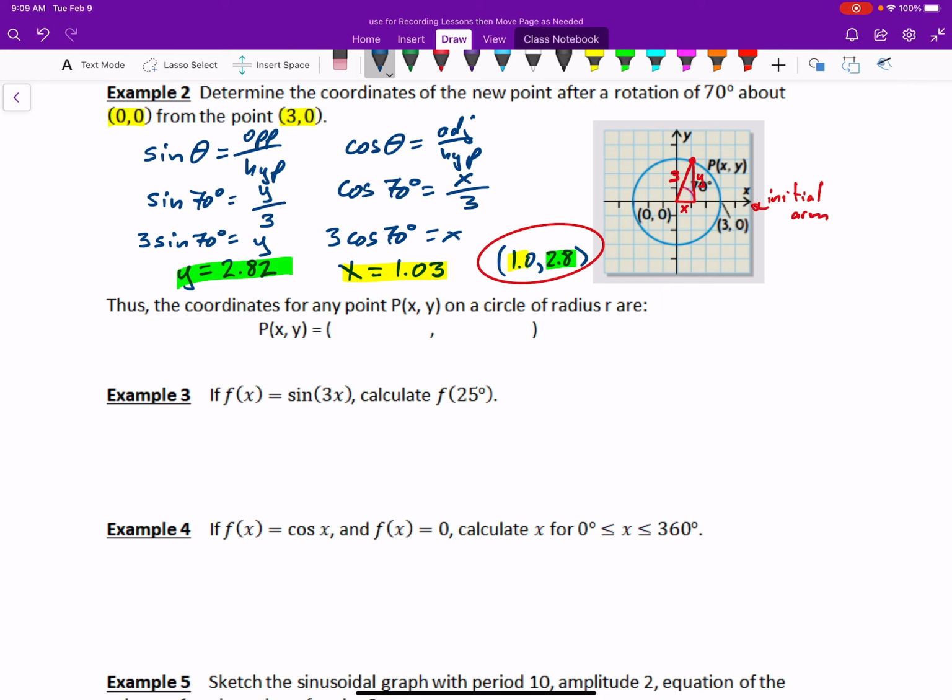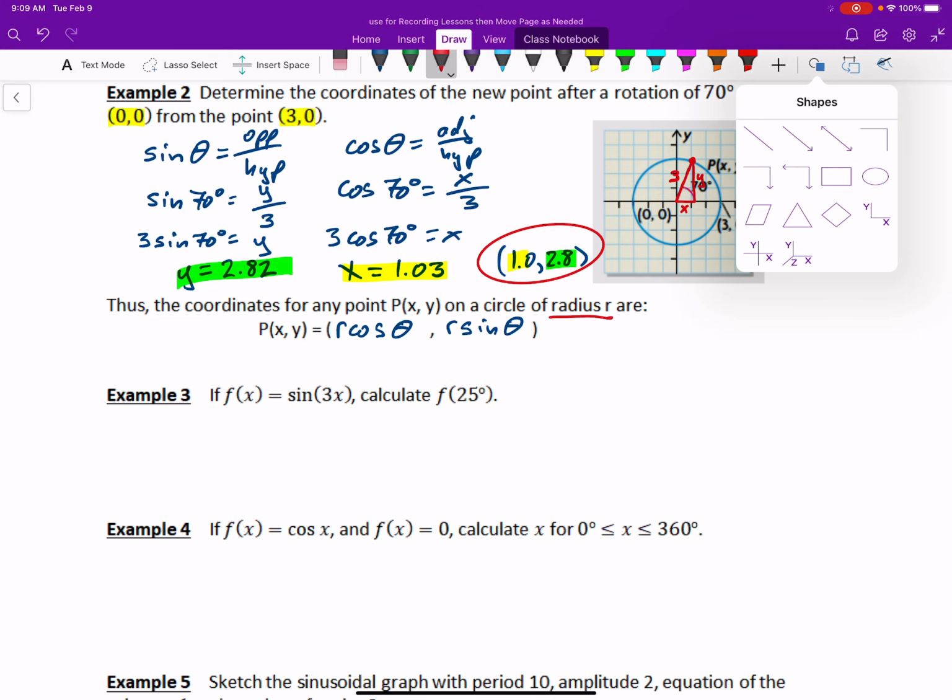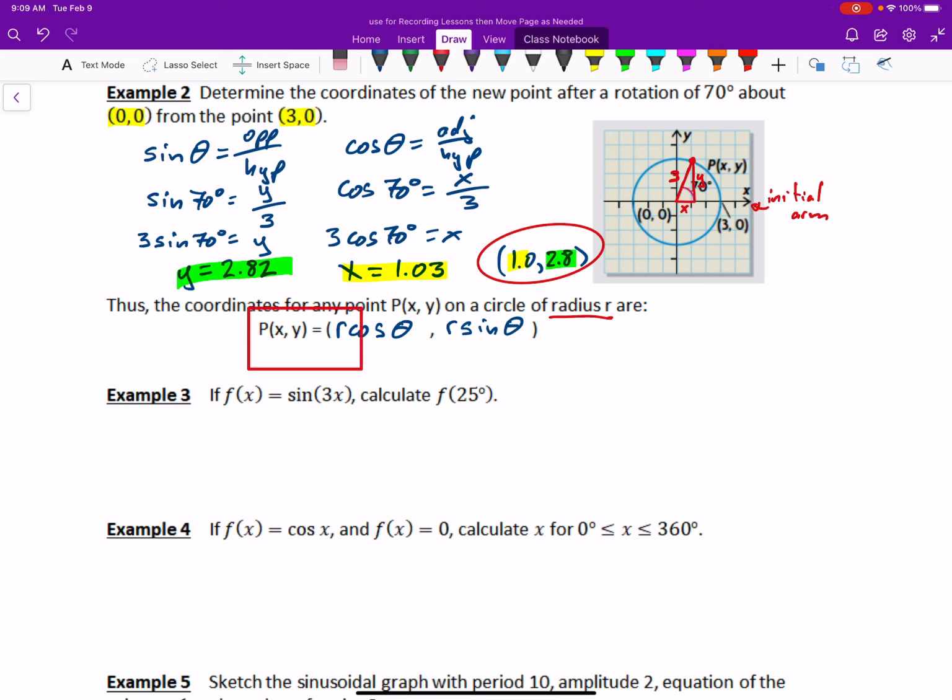So P(x, y) on a circle with radius r is going to be (r cos theta, r sine theta). Theta again is the angle, r is the radius, and the y coordinate would be r sine theta. So this is a formula that we can now use to find any point, as long as we know the radius and the angle that we're looking for.